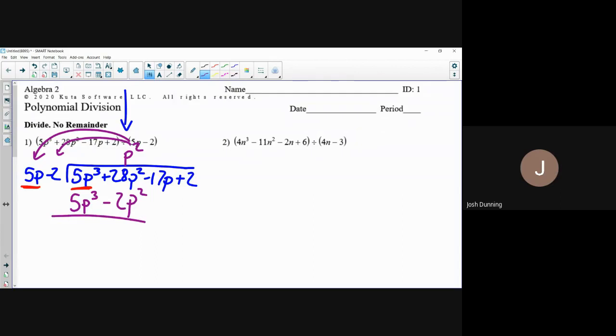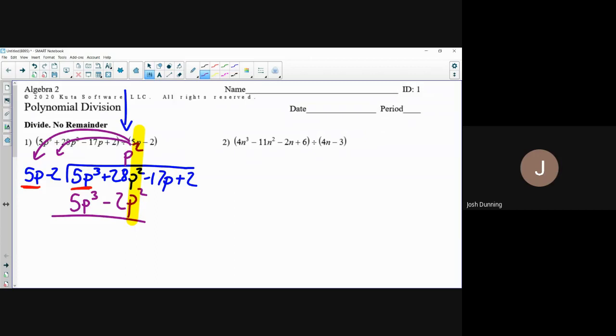Now, one other thing before we go on, if you look, everything's lined up. I answered p squared above p squared, and then I wrote p squared below that. All of your p squareds, all of your p cubes, all of your p's or x's or whatever, in plain numbers, will all be lined up. Now also, just like the old long division with numbers, after you draw that line, you subtract.